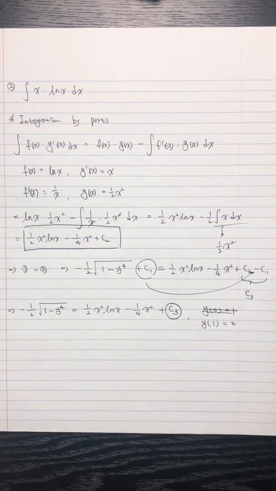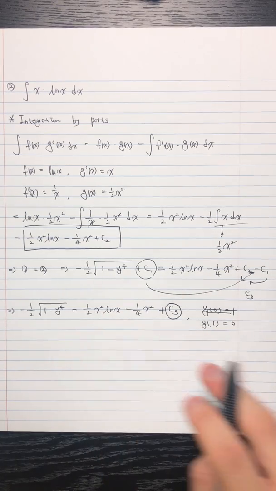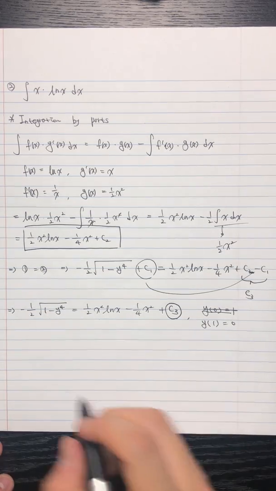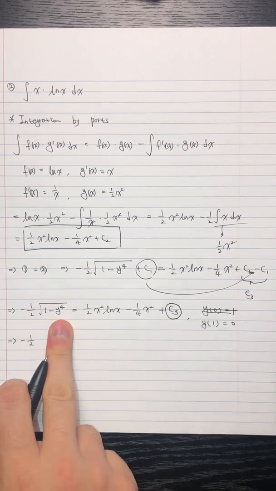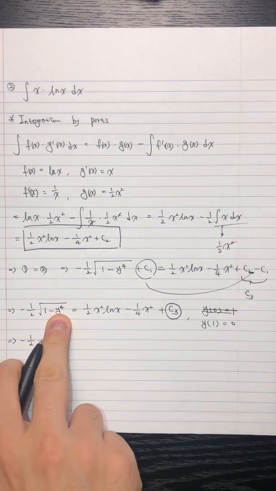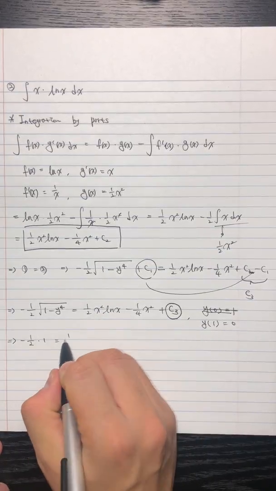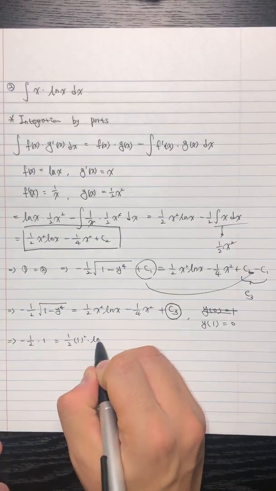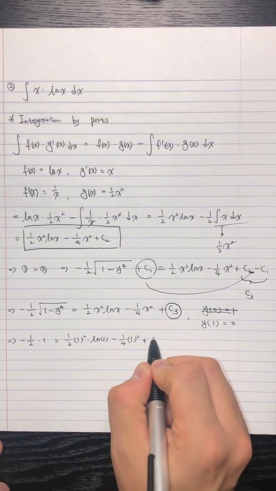So we put 1 instead of x, and we put 0 instead of y. The left side is just 1/2 because this time y is 0. And what about this one? If we put in 1: 1/2, 1 squared multiplied by ln 1, minus 1/4, 1 squared, plus c3.